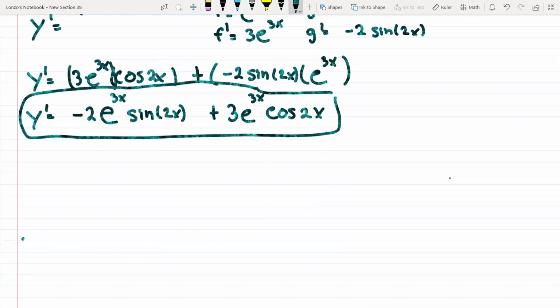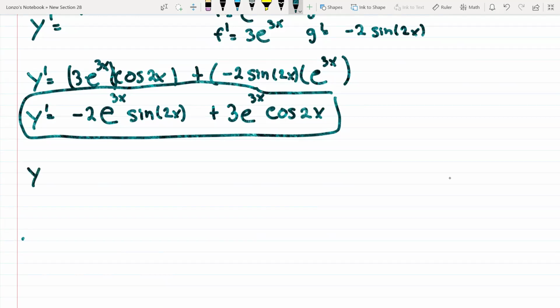Y double prime, so how do you take the derivative of this? This one, you have to apply product rule, and this one, you have to apply product rule. I'm not going to do the algebra, you can do the algebra, but you just apply product rule, so it's not too bad.